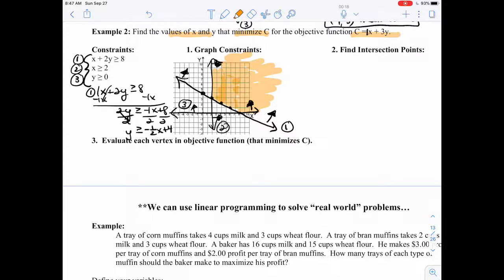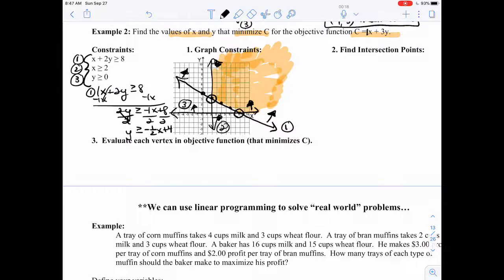My points of intersection in this case, again, are where our lines intersect. And in this case, we only have 2. Just because the coordinate plane stops on our paper does not mean our points stop, and this region continues on. We only have 2 intersection points.